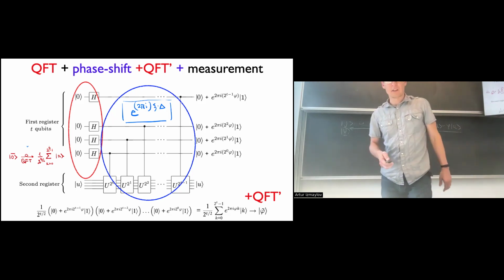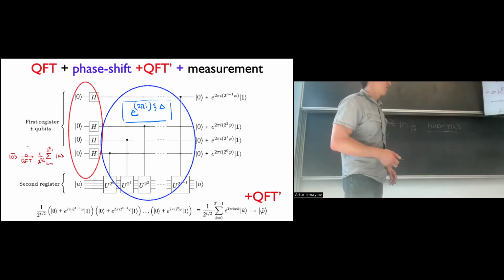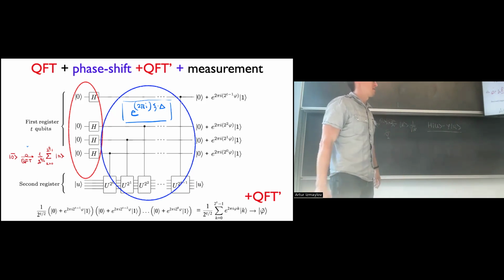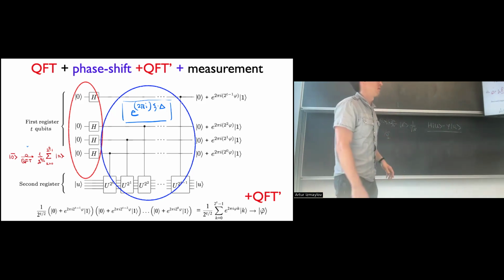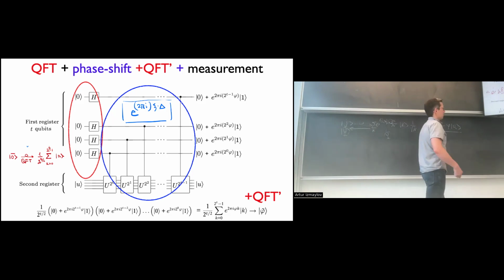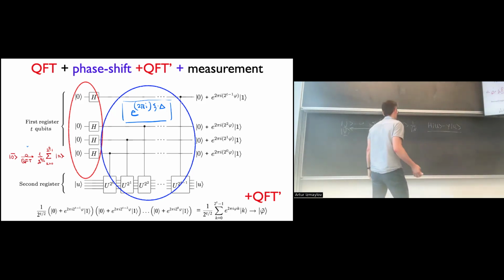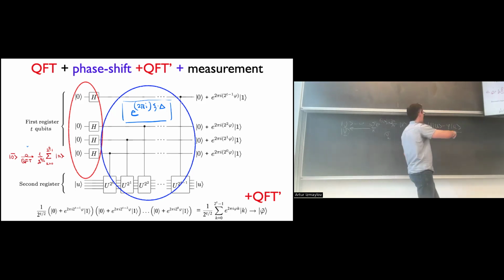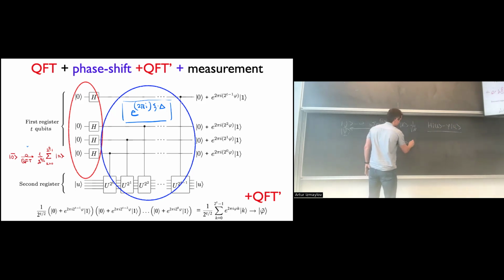Okay. But this is essentially a measurement device for a complicated operator. The assumption here is you could use this as a measuring device for any operator that you can construct. What we have here is a controlled unitary, that's the only thing we need.